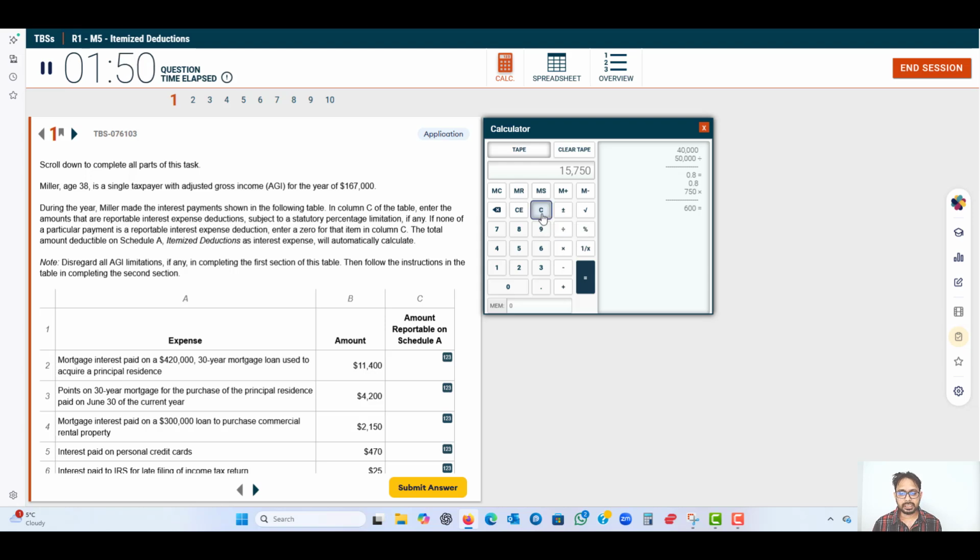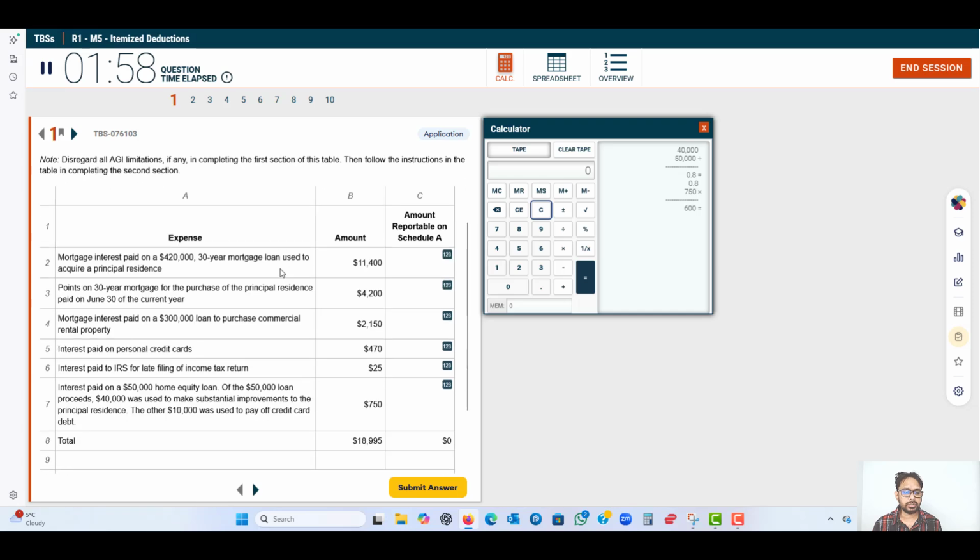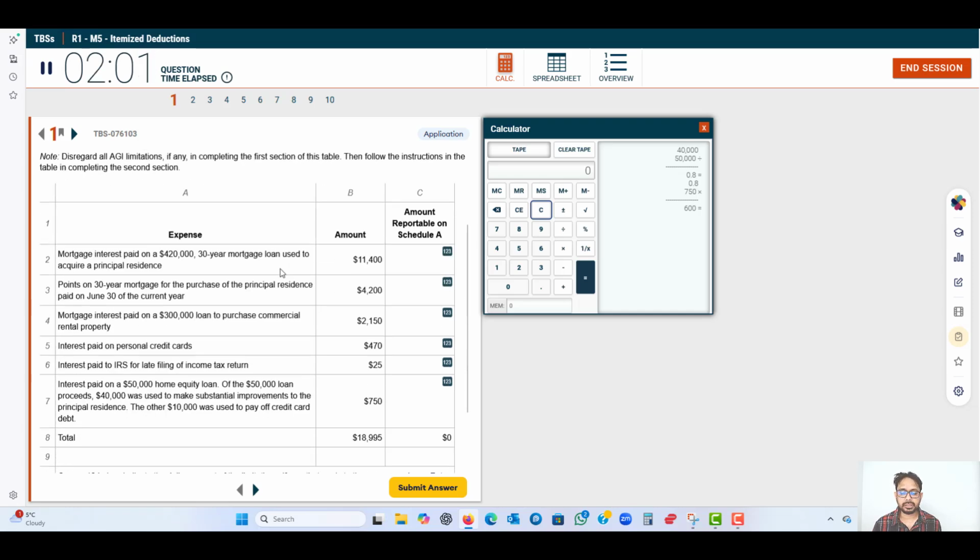And what is the itemized deduction? If you have a lot of expenses in different fields, suppose you have some mortgage expense, interest expense, car loan interest expense, or you purchased a car and paid sales tax, and other sales tax, and including everything, the total itemized deduction is over the total standard deduction.